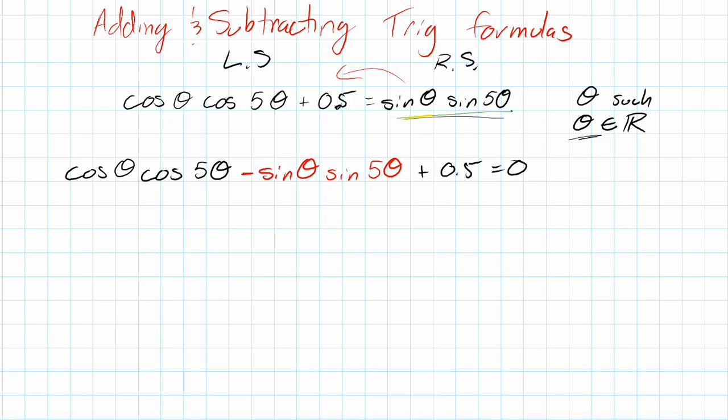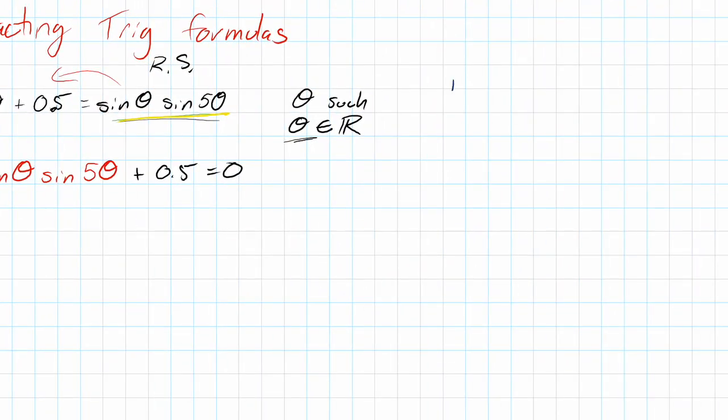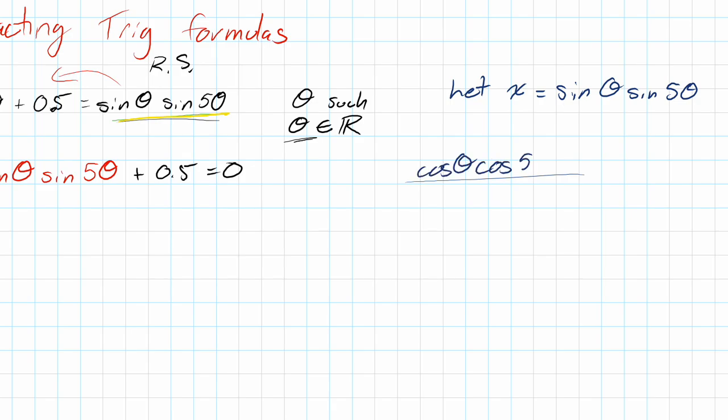If this move is a little confusing, I'll move over to the side to demonstrate it: you could always put a little let statement in. I could say something like let x, since we don't have an x in this one, equal sine theta sine 5 theta. And that way when I write it out, we had cos theta cos 5 theta plus 0.5 is equal to x.